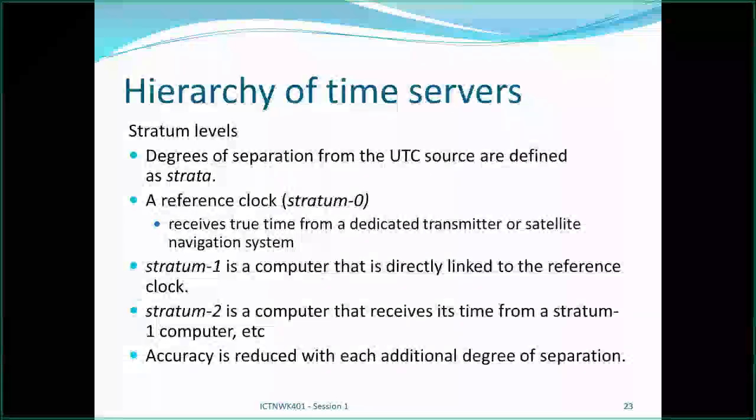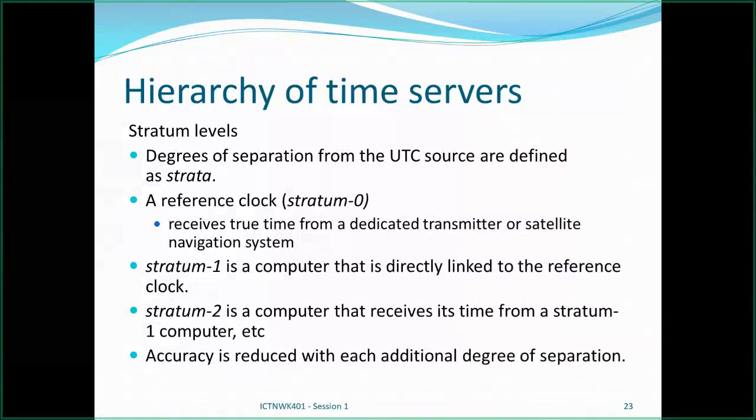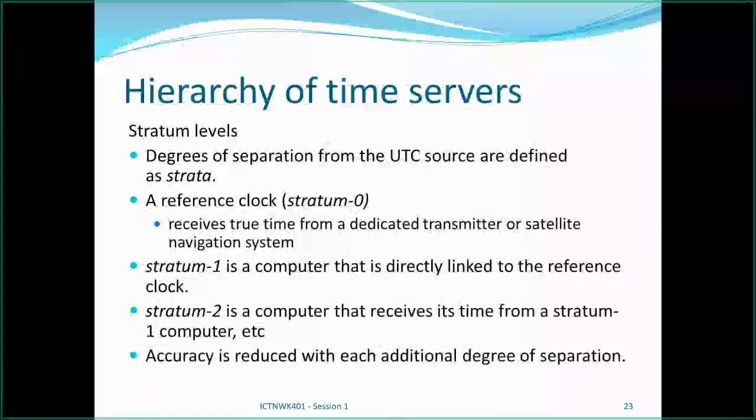So it's directly connected to one of the main clocks around the world. As you come down, if your computer links to a stratum-0 machine, it is a stratum-1. Stratum-2 receives its time synchronization from a stratum-1. Rinse and repeat.